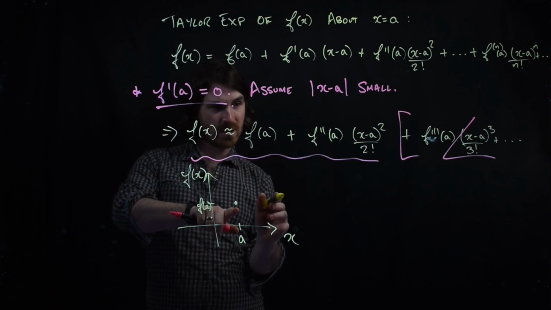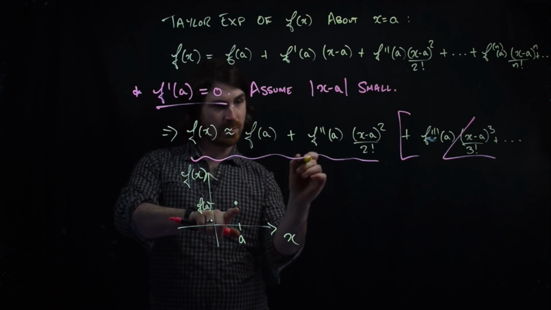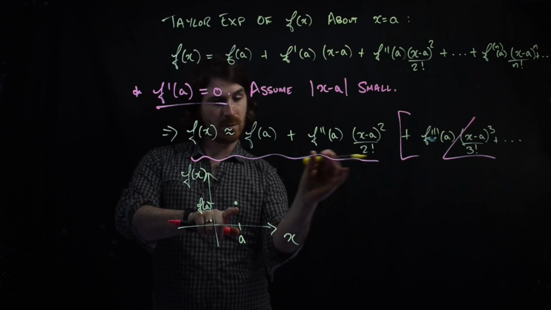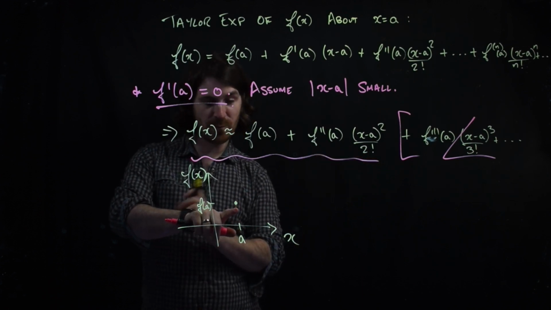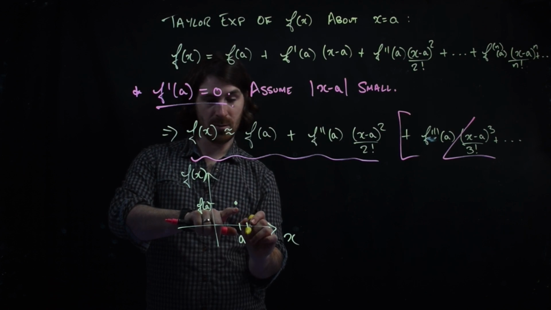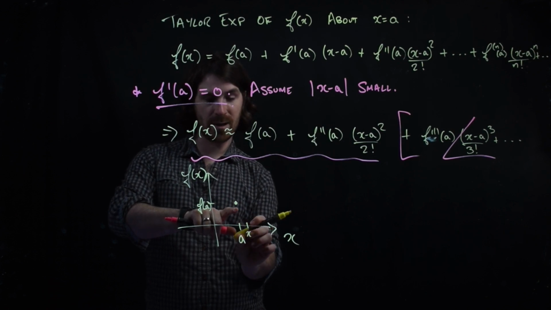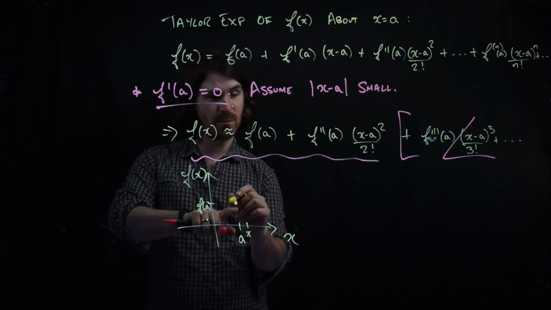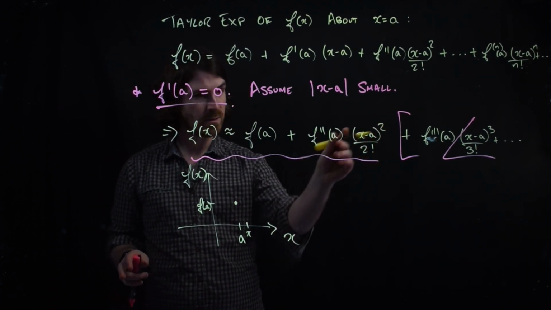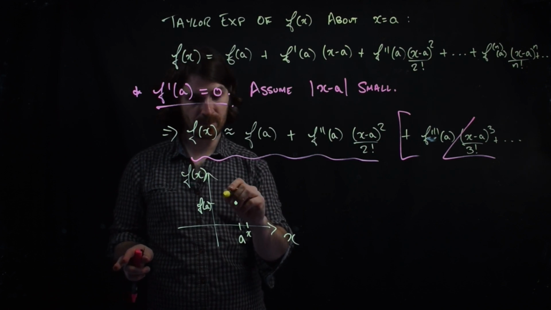As we change x, then this term comes into play. As we move from a to a point x, then x minus a becomes non-zero, and you see that it's (x minus a) squared. So this is a parabola.